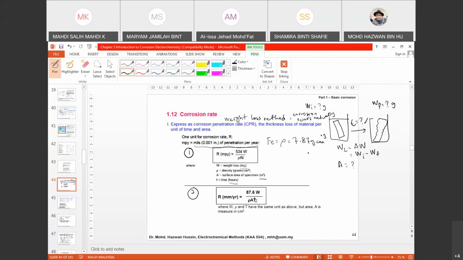Density is also in grams per centimeter cubed. Area over here is in centimeters squared, not inches, so that makes the difference. The unit is also different. The first is in mils per year, and the second formula is in MMPY, which stands for millimils per year.